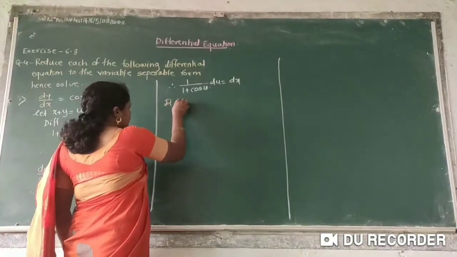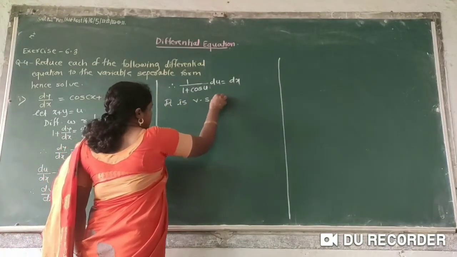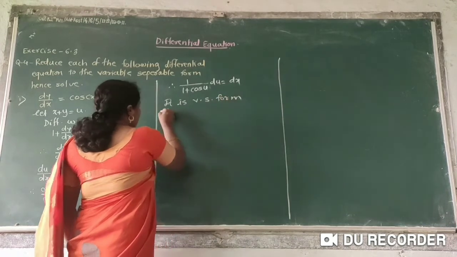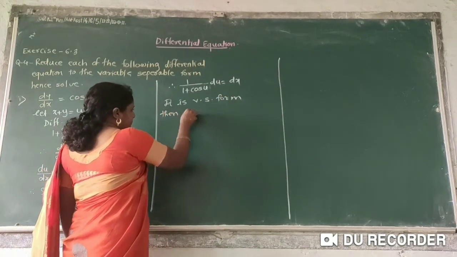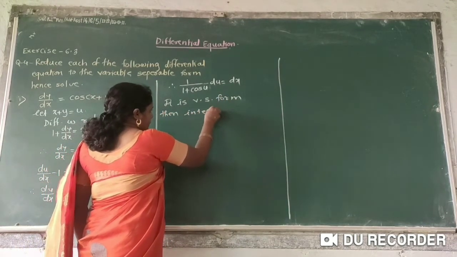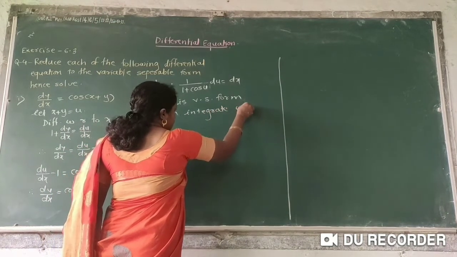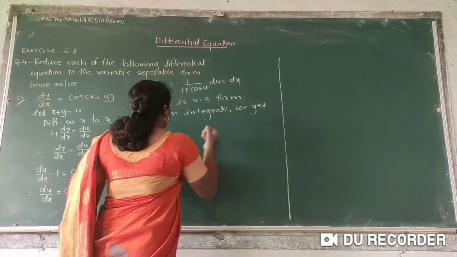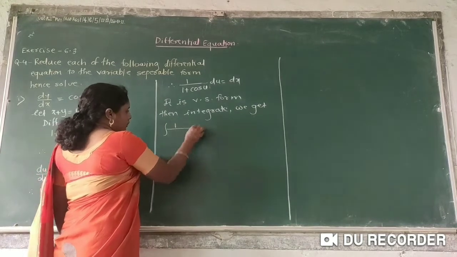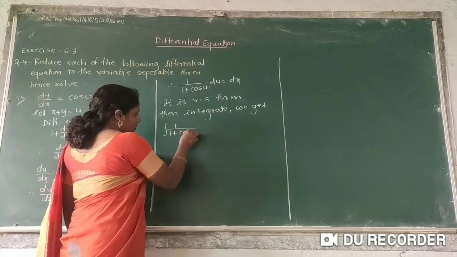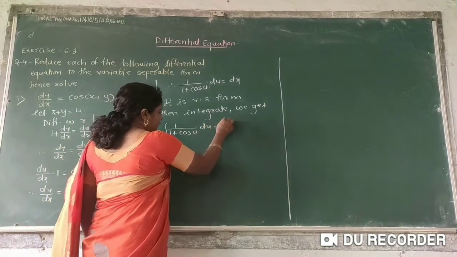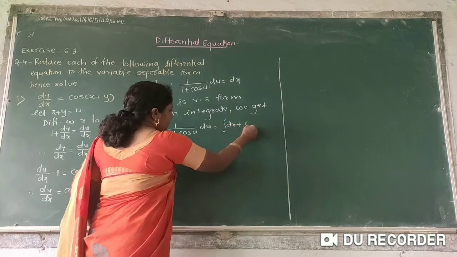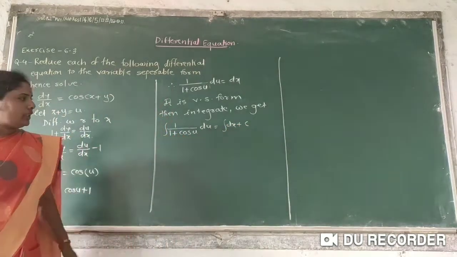It is in variable separable form. Then integrate. We get integration of 1 upon 1 plus cos u du is equal to integration of dx plus integration constant c.